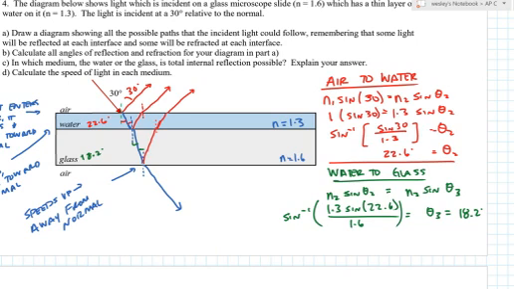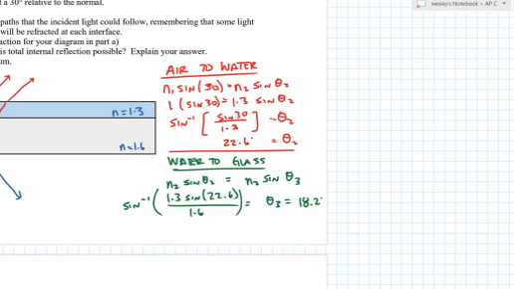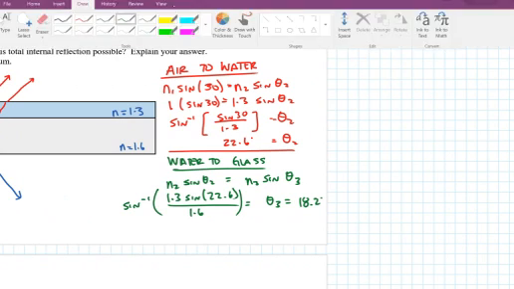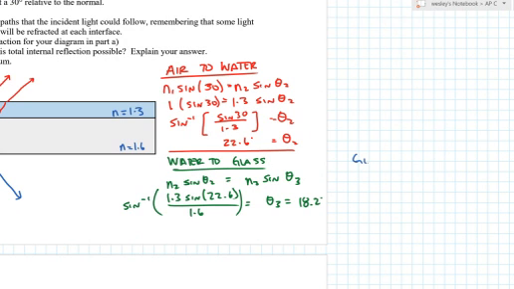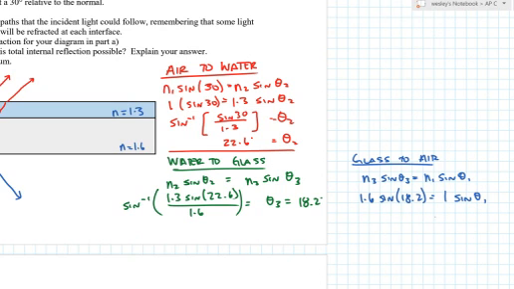And then, just to show it, glass to air, so that's N3 sine theta 3 is equal to N1 sine theta 1. So 1.6 times the sine of 18.2 is equal to 1 times sine theta 1.